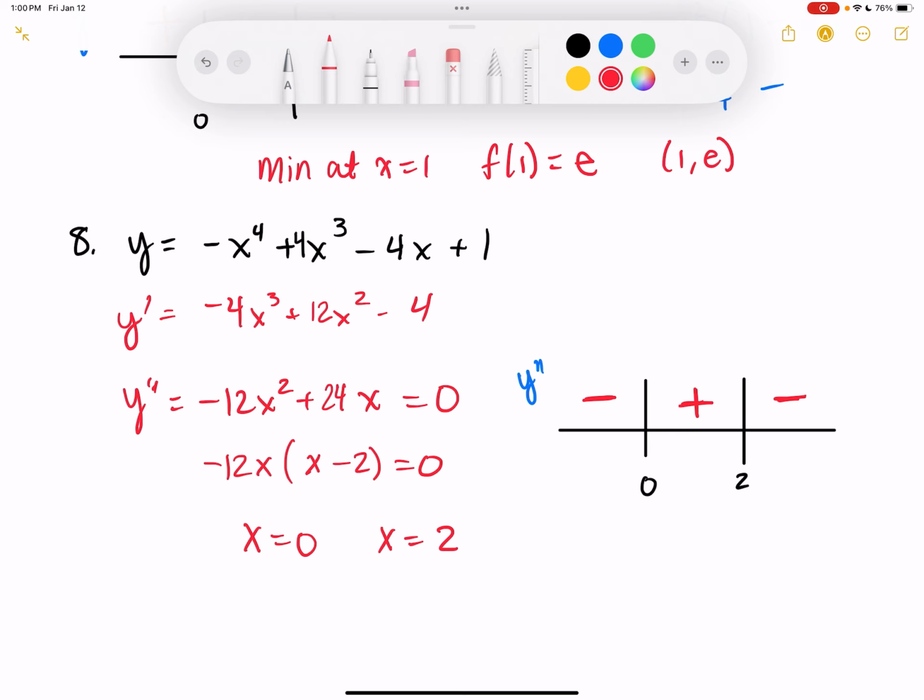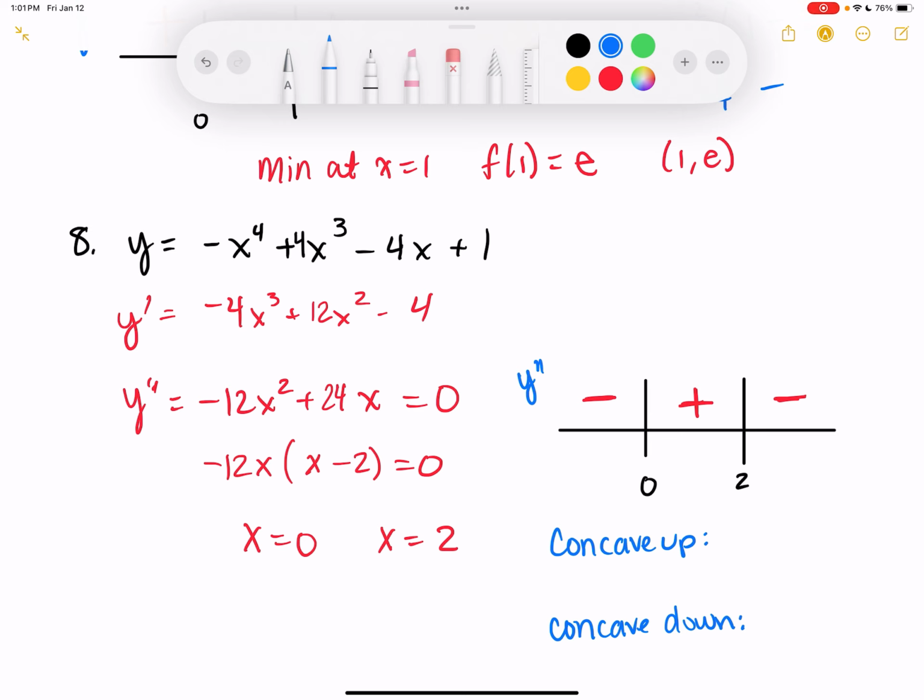I need to see where it is concave up and concave down. 0 is concave up. You know that how? Because it's going positive, right? No, you do the test of concavity. Be confident, Peyton.